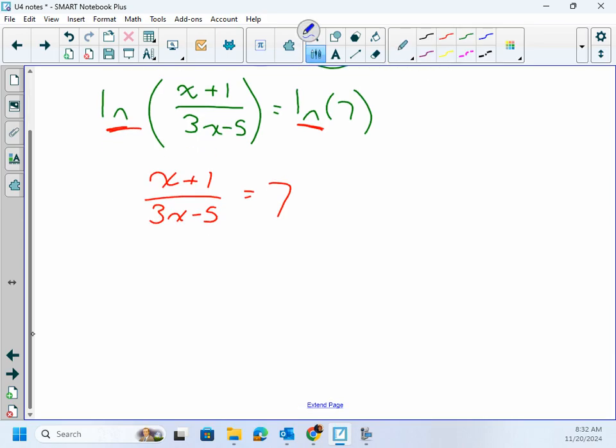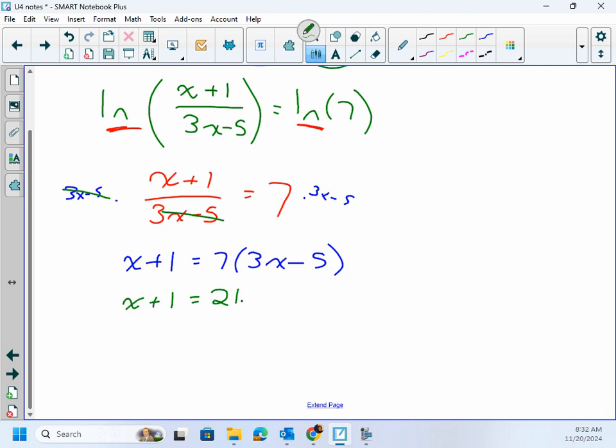If this is true, I'm going to multiply by the denominator on both sides. So x plus 1 equals 7 times 3x minus 5. These canceled out. So x plus 1 equals 21x minus 35. Now I'm just straight solving.